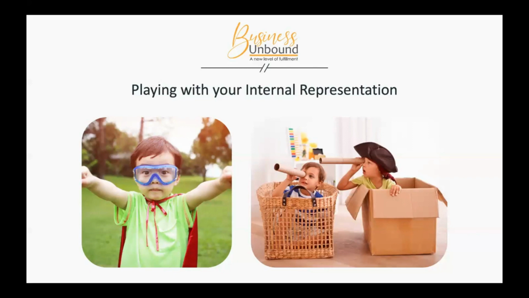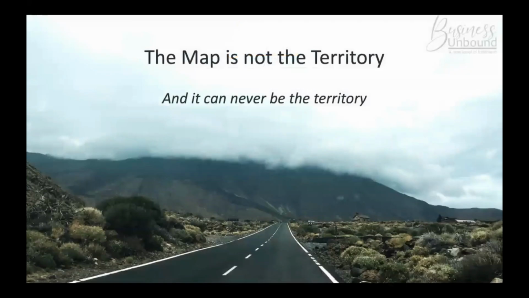So, step one. Now moving into step two, now that you know about your internal representation, I wanted to teach you about another NLP concept called the map is not the territory and it can never be the territory. What does this mean?